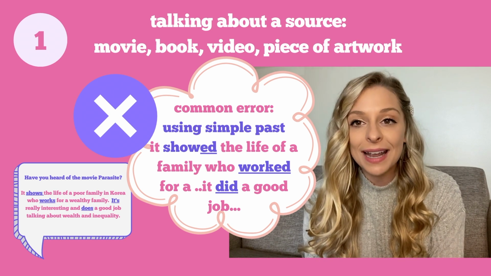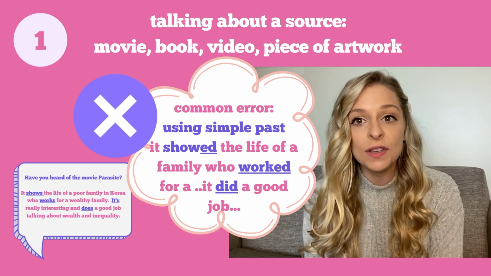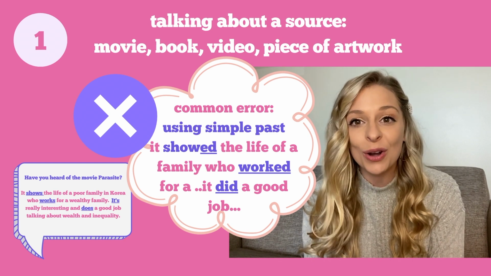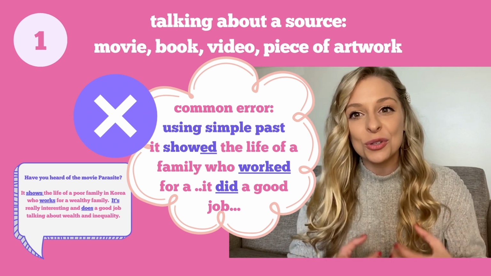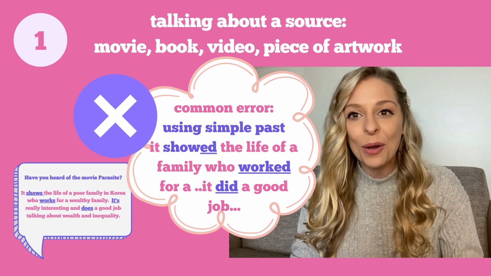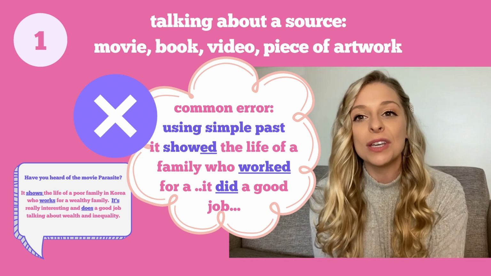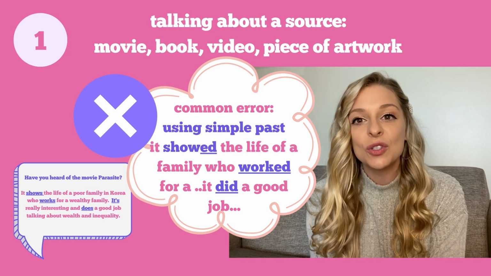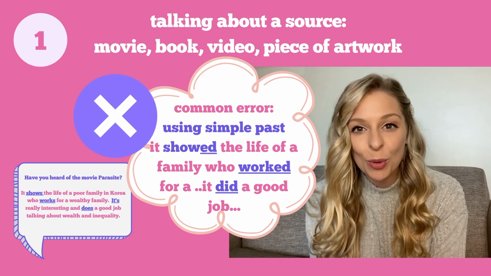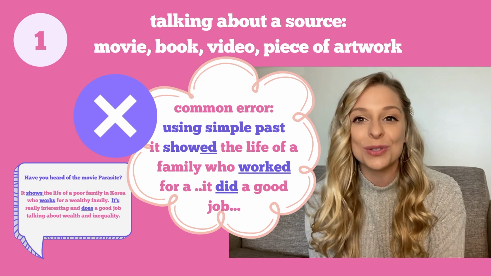However, for these kinds of sources, for books, movies, poems, pieces of art, they are treated as a fact. So what it is about is a fact, and you can treat it like that. So just make sure you use simple present to report about a source.